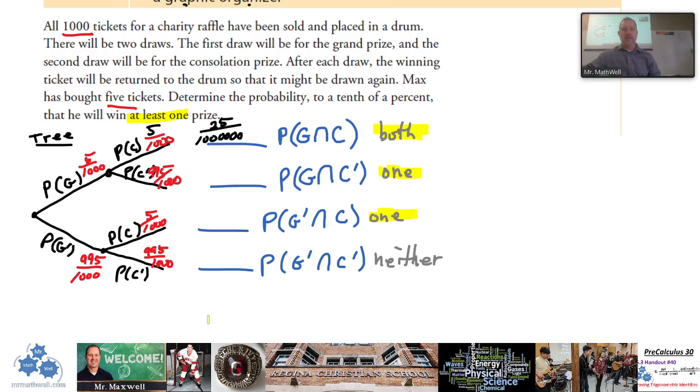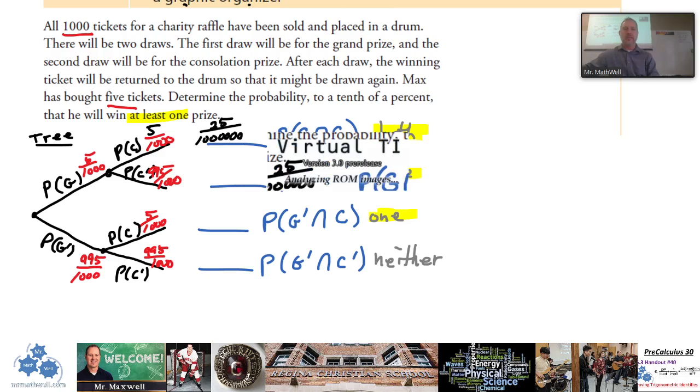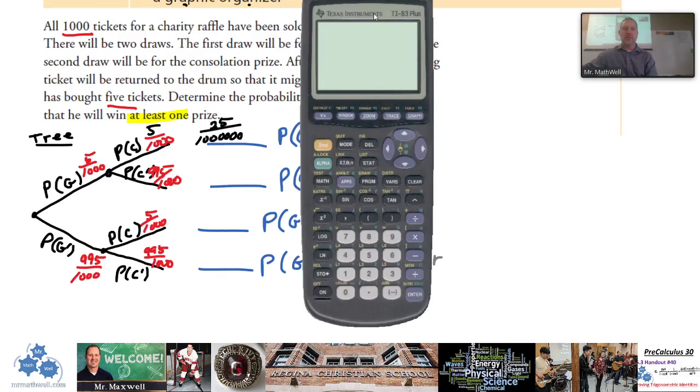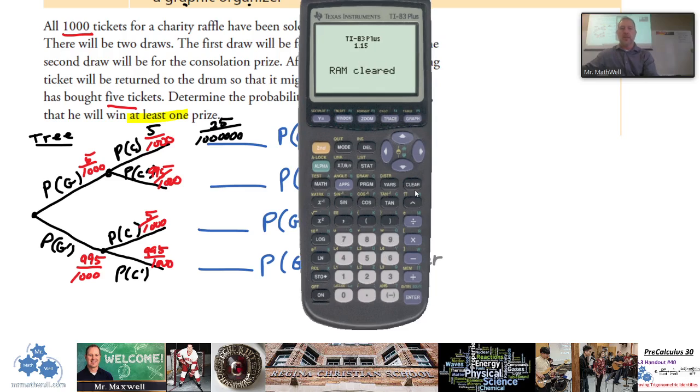So let's move to decimals here. It's going to be a little bit easier if we can work this in decimals, instead of dealing with the fractions. So 5 divided by 1,000 is this decimal, and if we take that decimal times itself, that's going to be 2.5 times 10 to the negative 5.